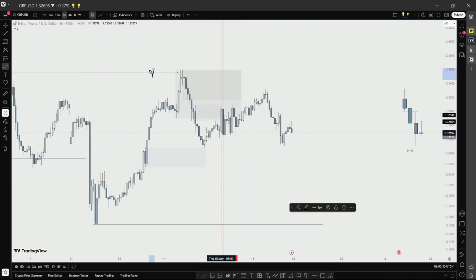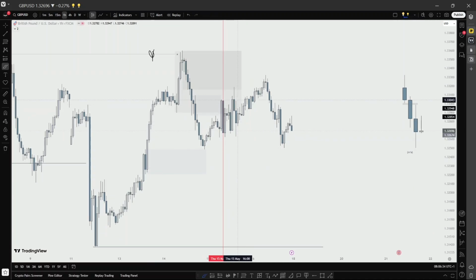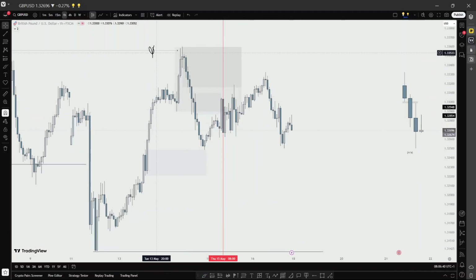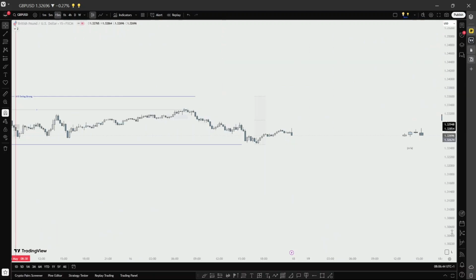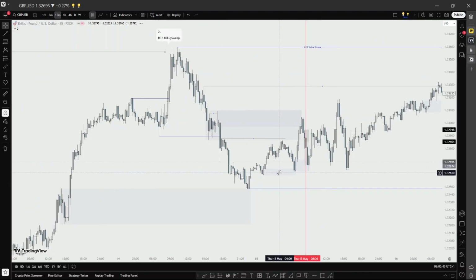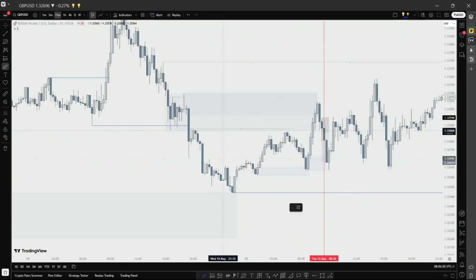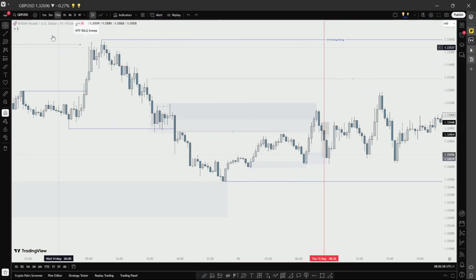We then mitigated this one as the POI, and when the candle was around here, I was pretty happy and convinced on the low time frame to execute. So let me go to the M15. The sweep of this equal high into the M15 POI was very convincing for me to take the risk.